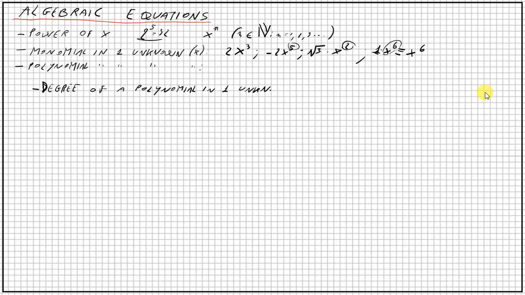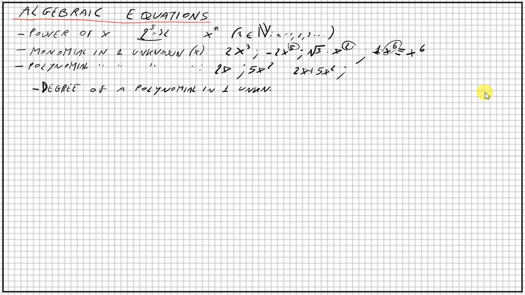So for example, if I have two monomials, 2x and 5x squared, each of them has sign plus, because there is no sign indicated. So if I build a polynomial based on a sum of these two, I will have 2x plus 5x squared.